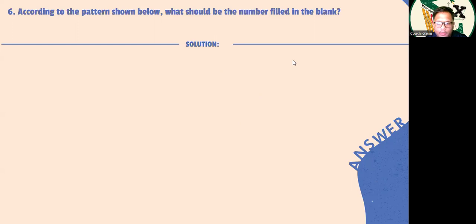So the pattern is 1, 1, 2, 3, 5, 9, 16, and then 29, blank.